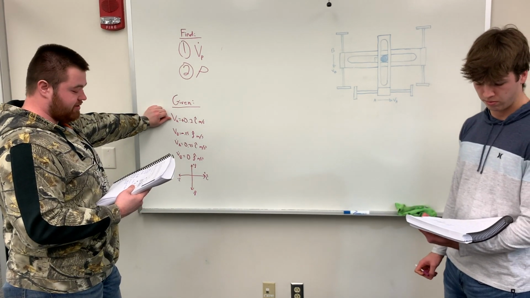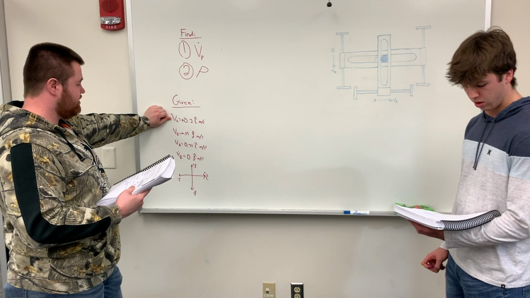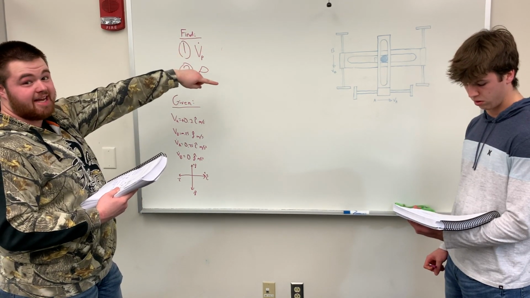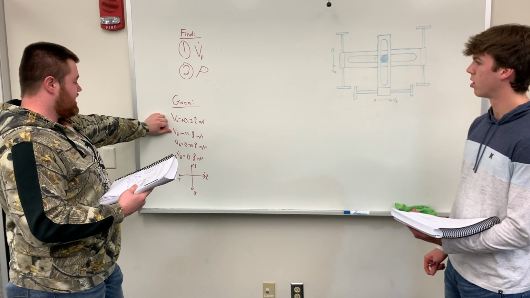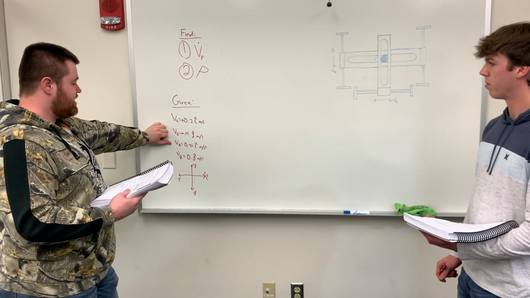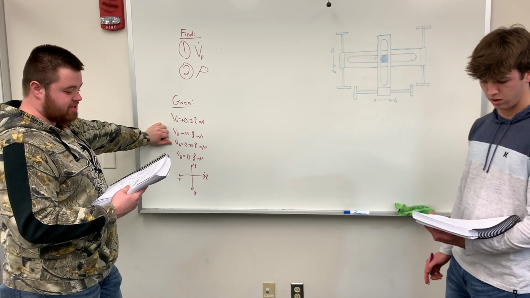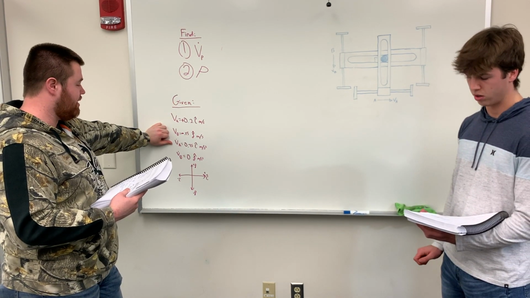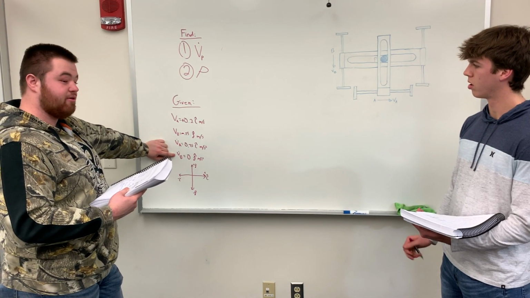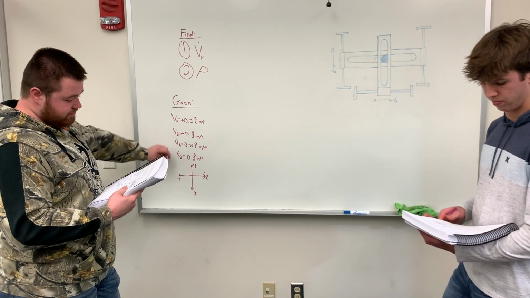VA is given to us as 0.2 meters per second, in the I hat direction. VB traveling downwards is in the negative J hat direction at 0.15 meters per second. V dot A was given to us as 0.75 meters per second squared, in the I hat direction as well. V dot B was given to us as 0 meters per second squared.